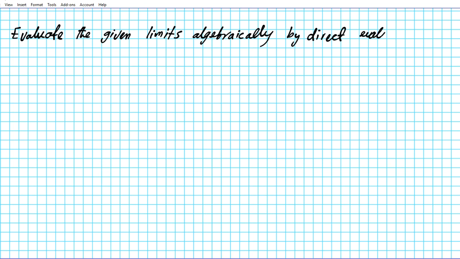Okay. Alright, so let's take a look at question 1. What if you have the limit as x approaches 3 of negative 2x squared plus 4x plus 4?